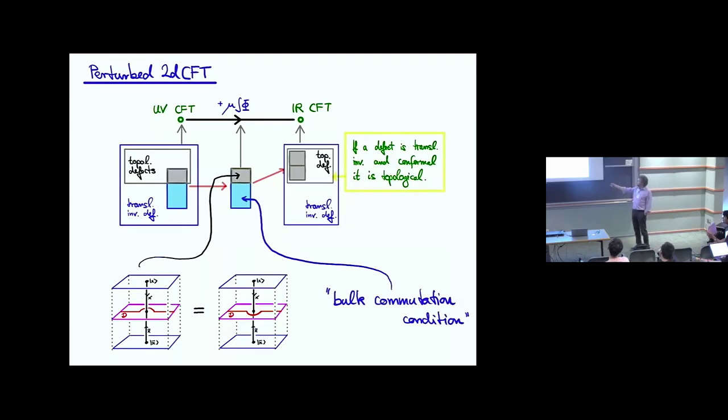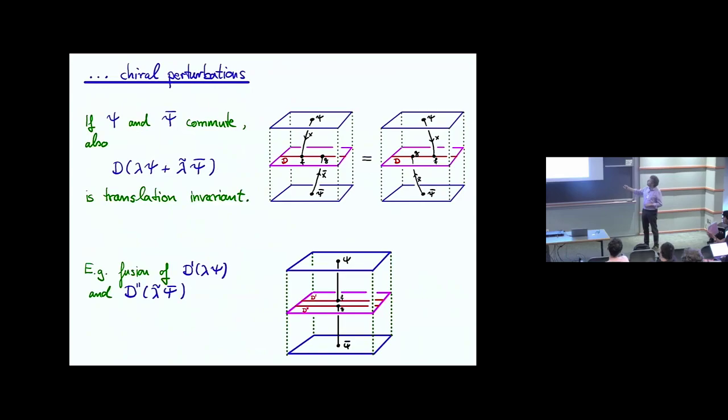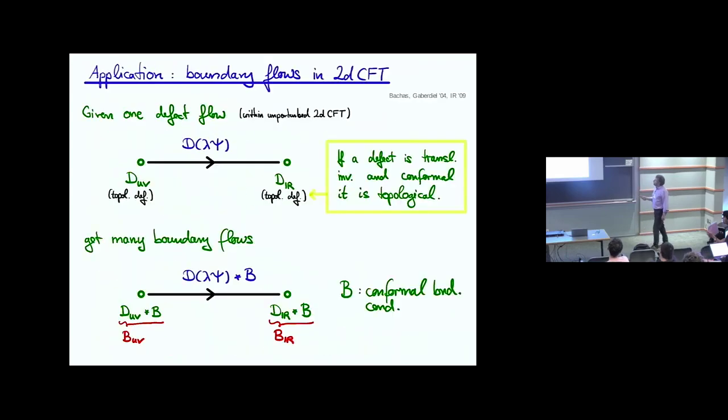So there's a simple condition which selects part of these translation invariant defects and which guarantees for you that they persist along the flow. So let me call this the bulk commutation condition. And it's a funny combination of the two pictures we had, this picture and, sorry, let me go back a bit, and this picture here. So, okay, what does it look like?